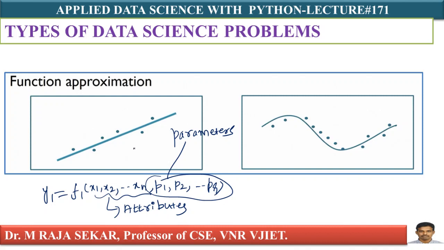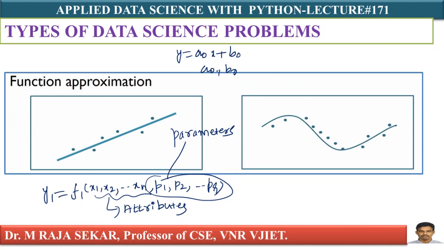A simple example: if it is a linear function, y equals a naught x plus b naught. In this case, the function form is linear and the parameters are a naught and b naught.